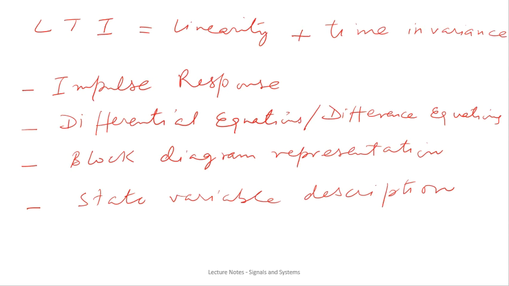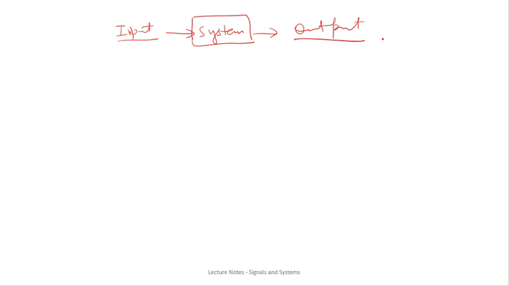Because you know the basic block diagram of a system. It can be represented as a block diagram, and it will have some kind of input, and in response to this input it will give some form of the output. So both these input and output will be some kind of signals.